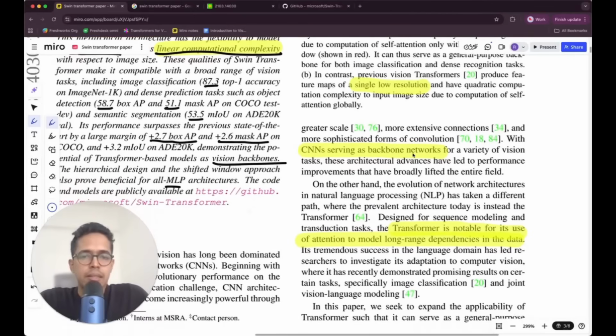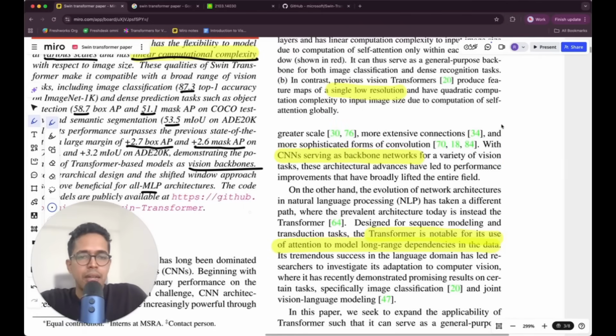With CNNs serving as backbone networks for a variety of vision tasks, these architectural advances have led to performance improvements that have broadly lifted the entire field. Basically, architectural improvements in CNN have broadly lifted the whole field of computer vision itself, because CNN-based models have become the backbone architecture in any computer vision task.